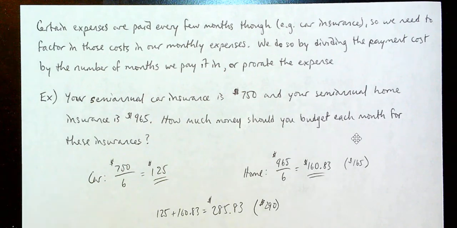I said if you're going to err on the side of calculating your monthly income, err on the side of less income. If you're going to err in the calculation of your monthly costs, err on the side of more cost. The reason you do it that way is because you're sort of planning for the worst possible case.